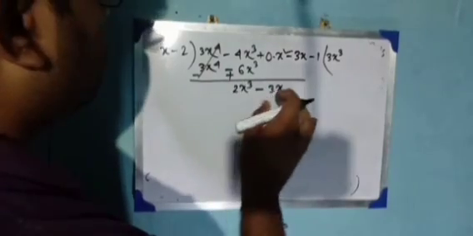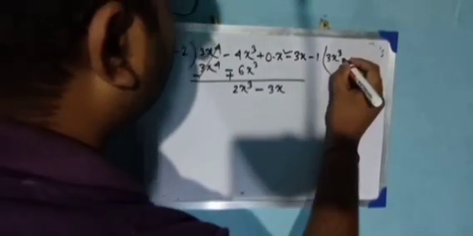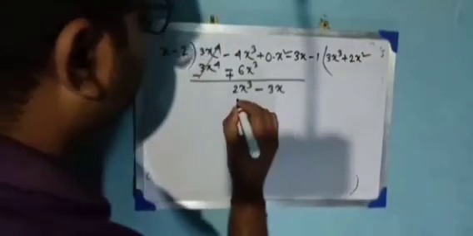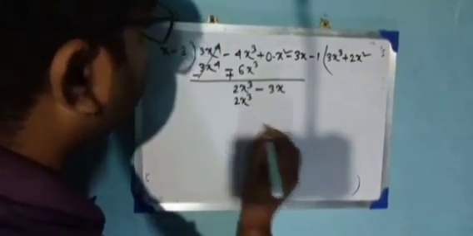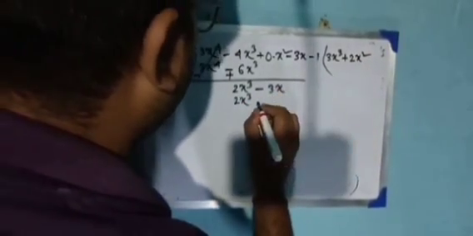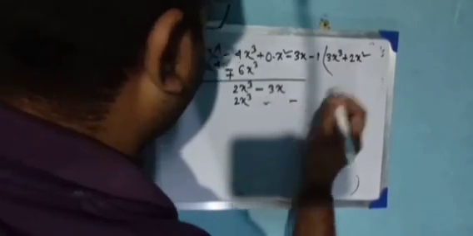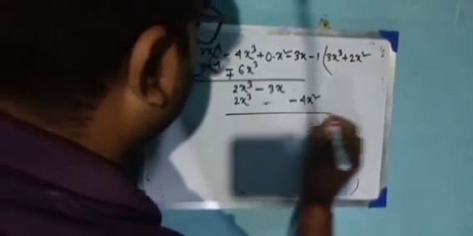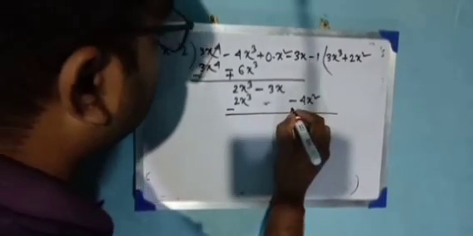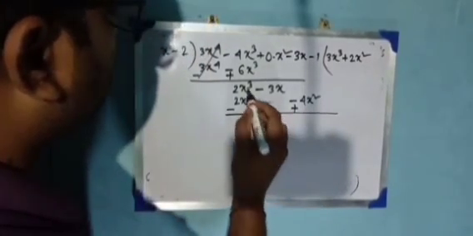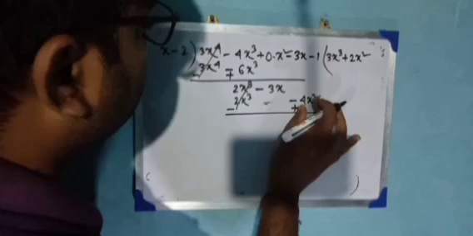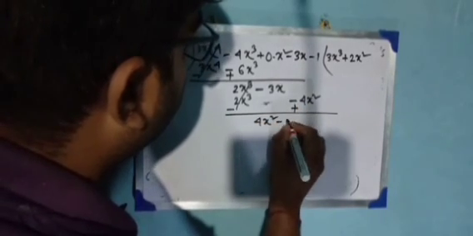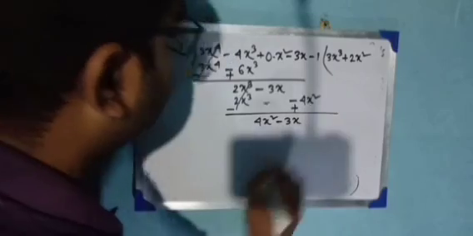So next, we have to take plus 2x square. We are getting 2x cube minus 4x square. This will be minus, this will be plus. So this will be cancelled and this will be coming, that is 4x square minus 3x.